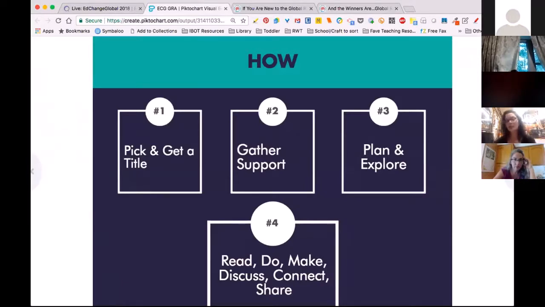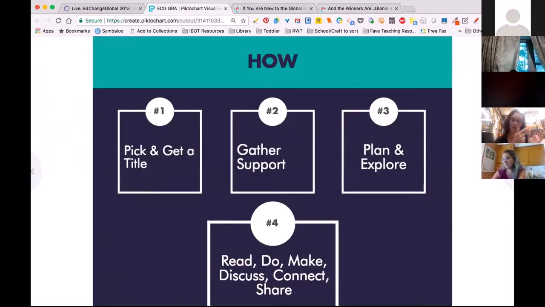Gathering support. So if this is something that you want to do by yourself, you might not need to gather support, except maybe getting parents and kids on board. But if it's something you want to do as a team, or a department, or a grade level, or a school, you're going to need support, and you're going to need somebody to start with, right? So whether that's a department chair, or principal, or committee, or diversity group, or we also have a PAUSE group, and they work a lot with bullying and positive image and those types of things.